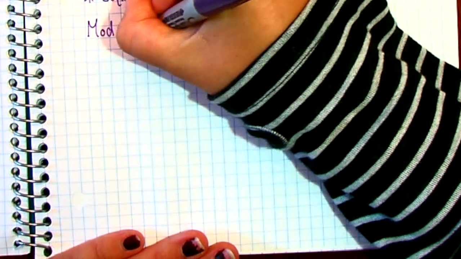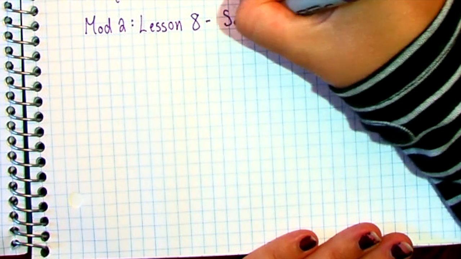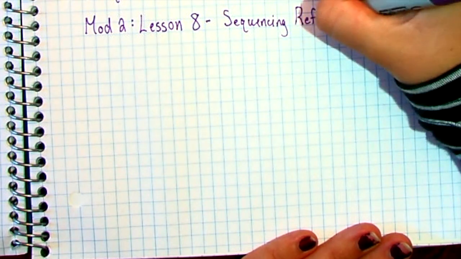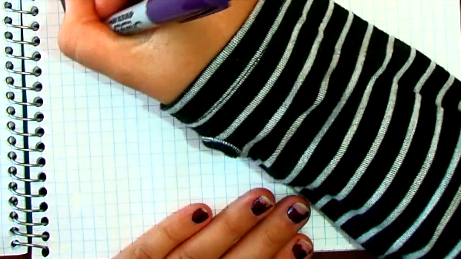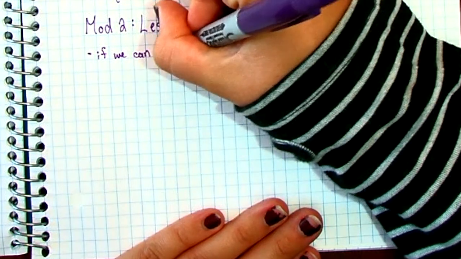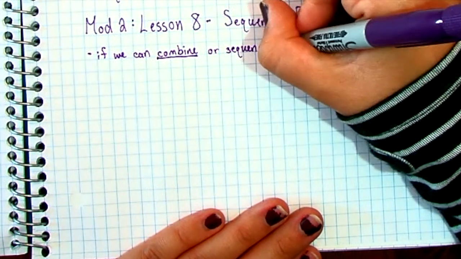Now we're going to move into Module 2, Lesson 8, and this is really about sequencing reflections. So the first half of this video just had to do with translations, which are our slide actions. But now we're going to look at reflections and whether or not we can combine or sequence translations and reflections.